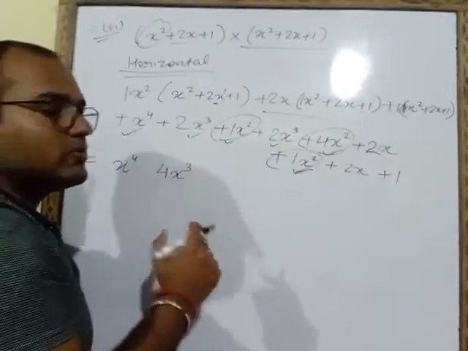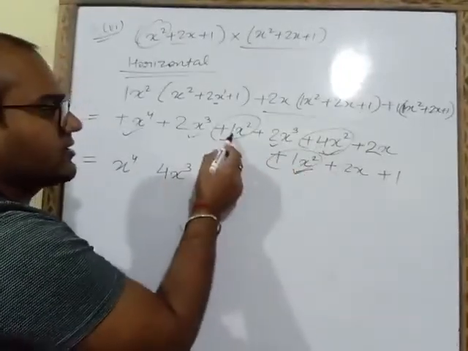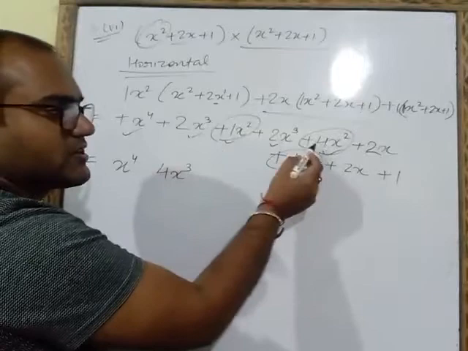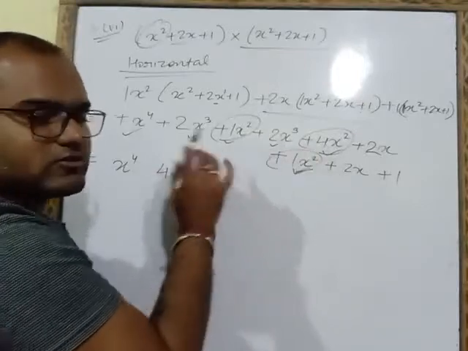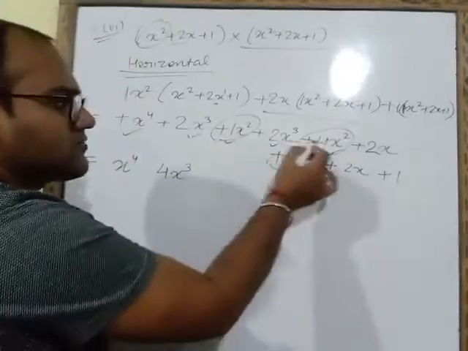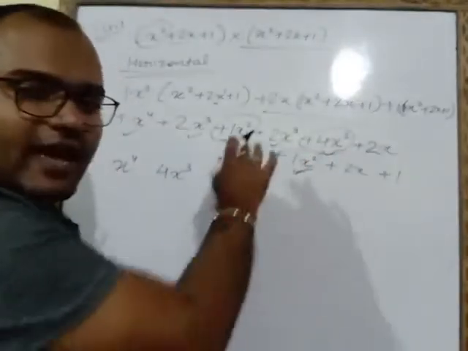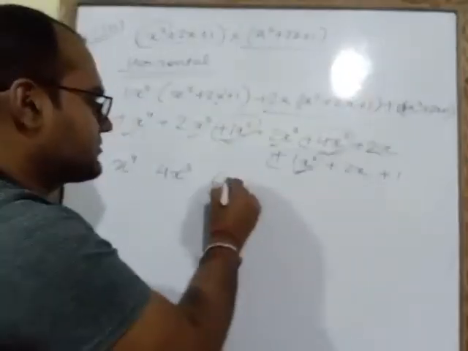All these numbers are having plus sign. So we will add all the numbers. 1 plus 4 will be 5, 5 plus 1 will be 6, and alphabet we will write as it is.